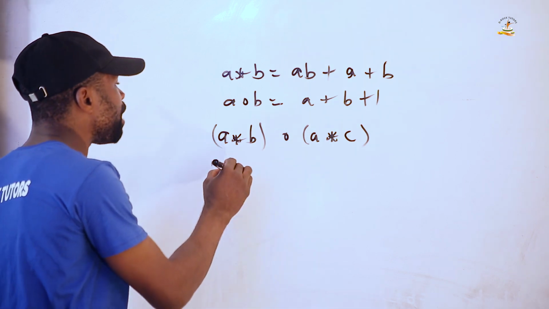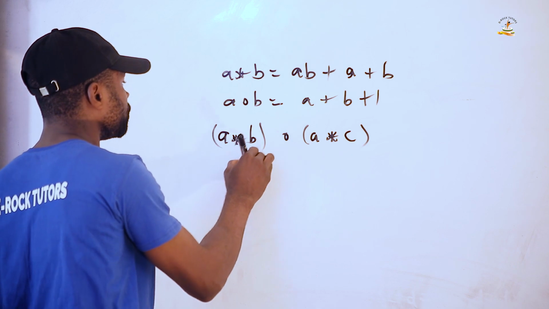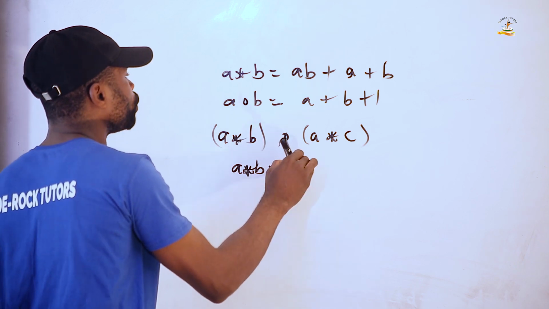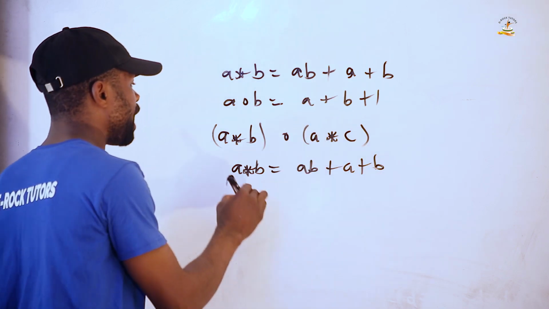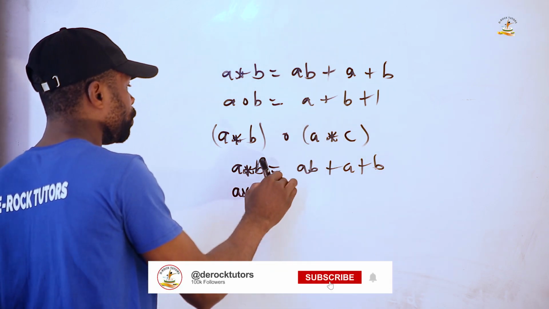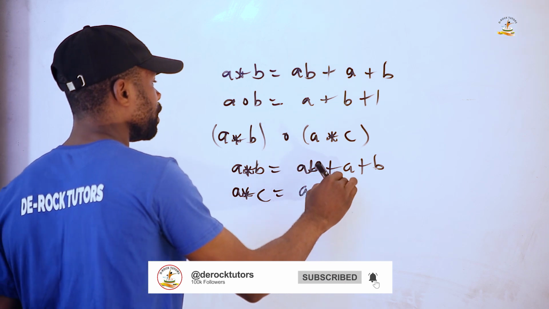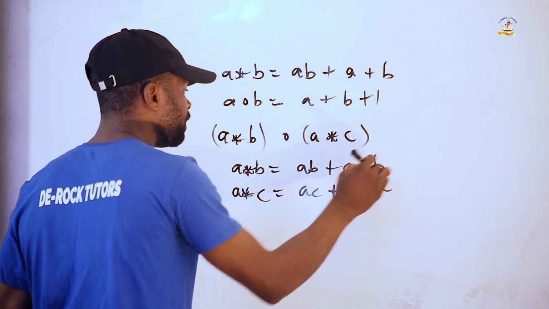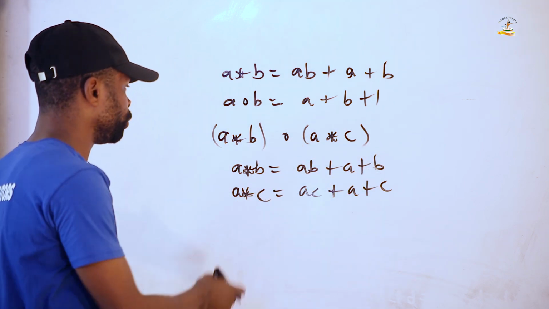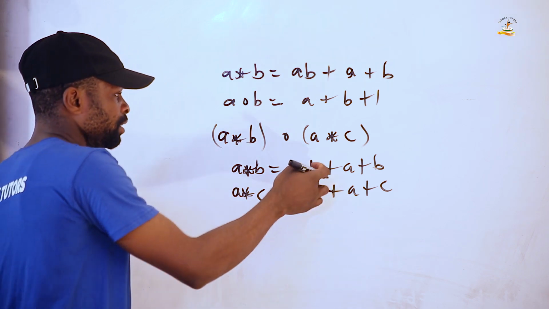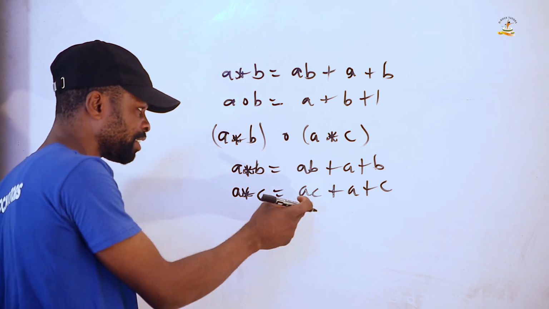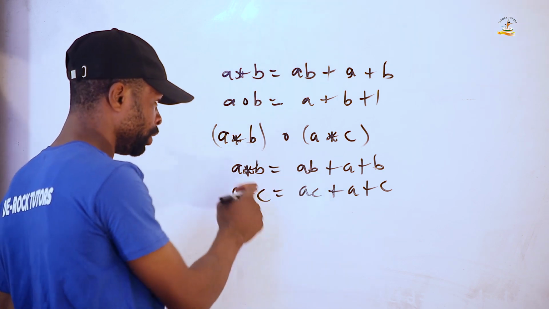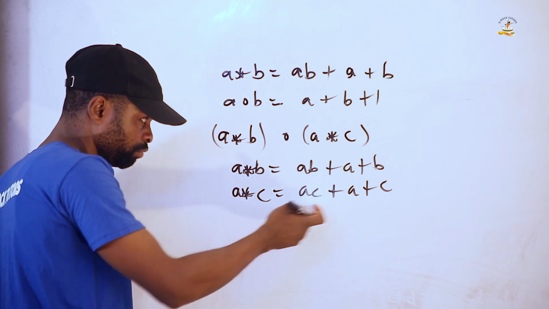We proceed to have our A asterisk B equal to AB plus A plus B. Our A asterisk C now will therefore be AC plus A plus C. Because according to the operation, you write the product of the first and second in this order, then you write the first and later add the second.